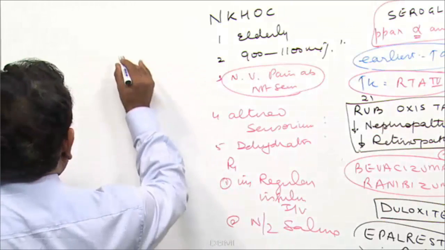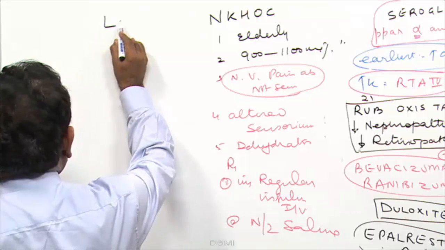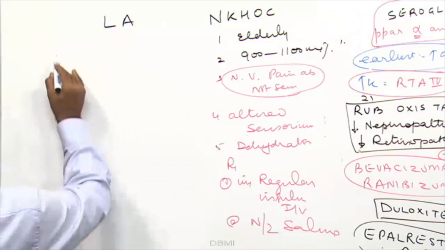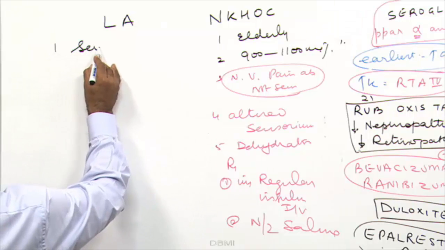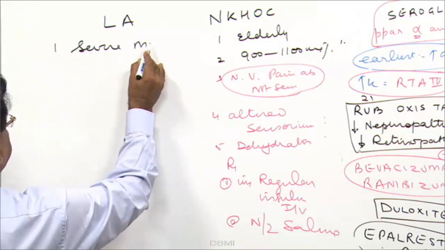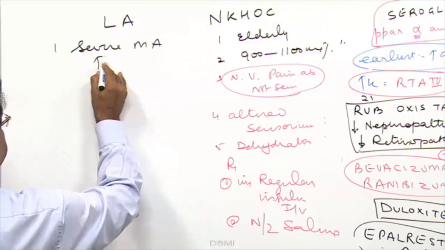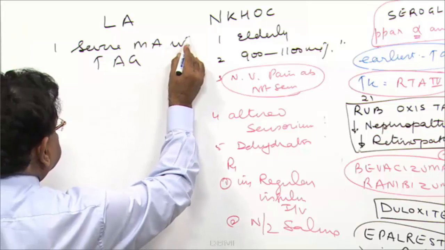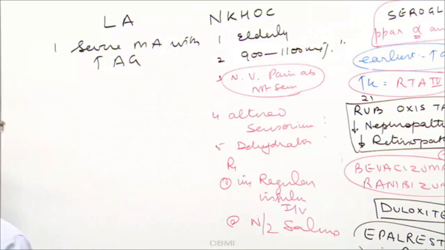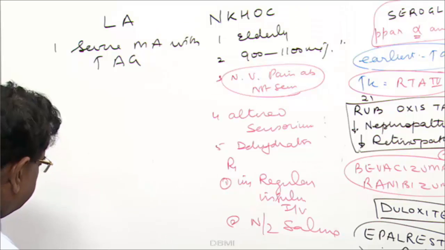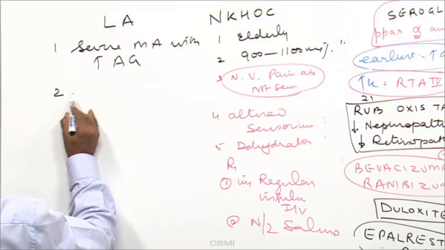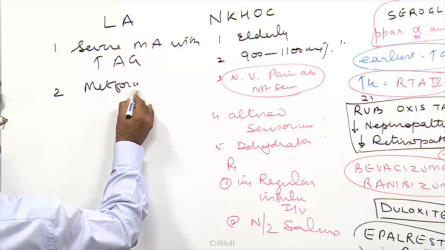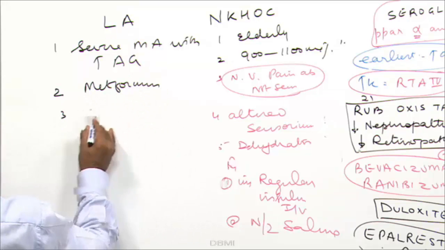One more complication of acute diabetes is lactic acidosis. Here the patient comes with severe metabolic acidosis with increased anion gap. It is seen more in patients who are taking metformin, and more in alcoholic patients.